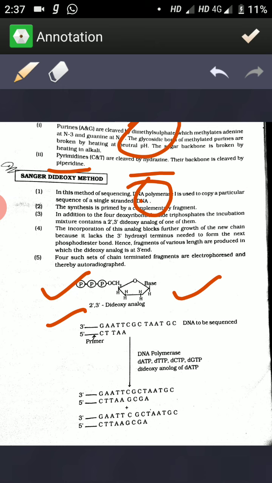The 3' end, DNA to be sequenced, 5' end, DNA polymerase, dATP, dTTP, dCTP, dGTP, and the dideoxy analog of ATP. In such a way, we can sequence the nucleotides of DNA, and we know the sequence of nucleotides in a particular fragment of DNA. Thank you.